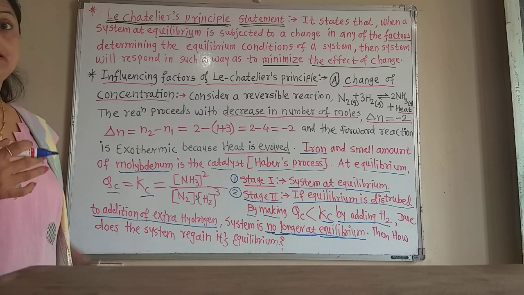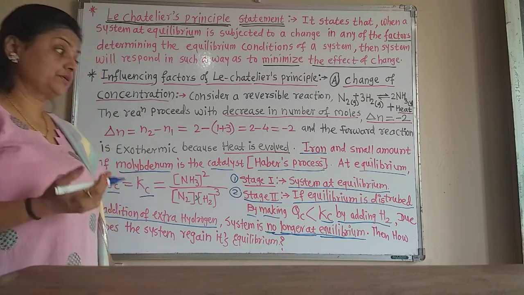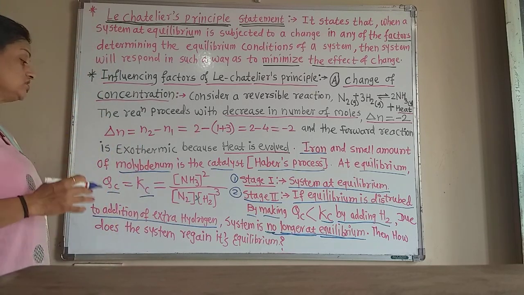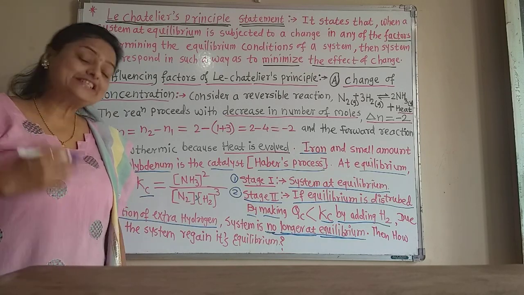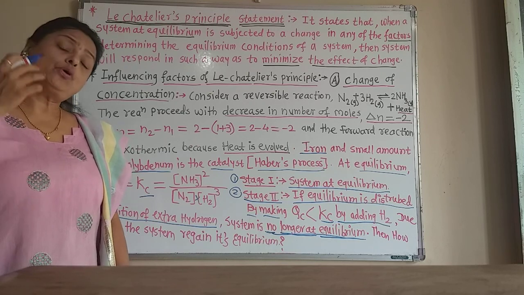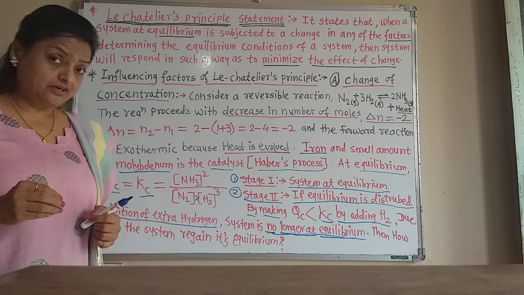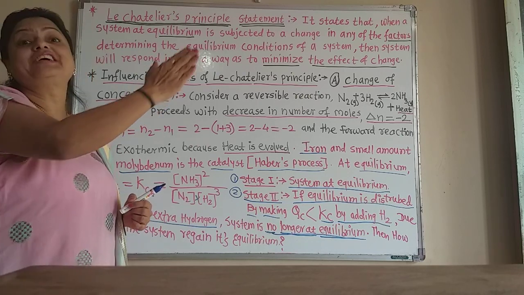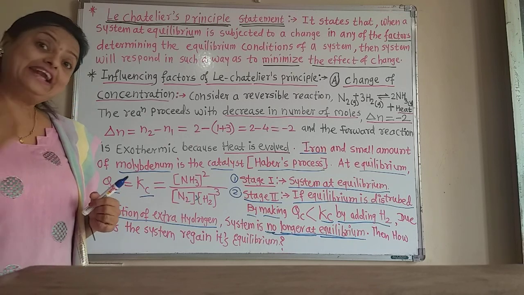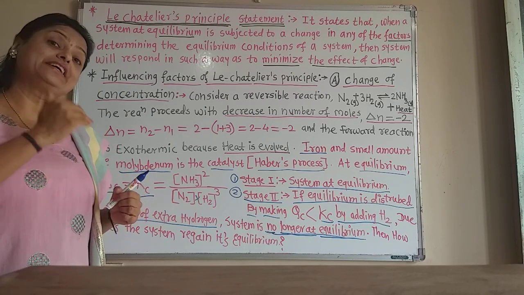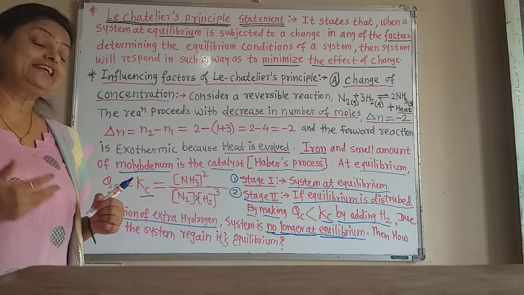Then how does the system regain its equilibrium? Since we added extra hydrogen, the reaction proceeds in the forward direction to nullify the effect of added hydrogen. That means the hydrogen gets used up until the system attains its equilibrium.